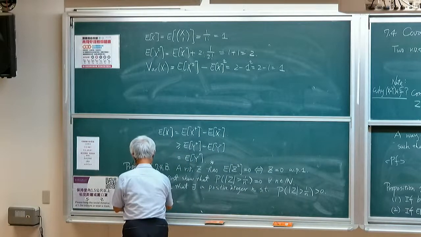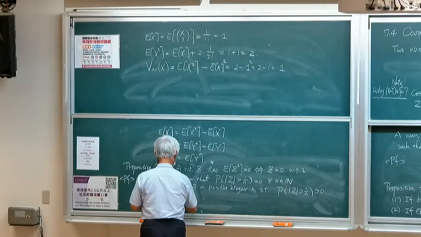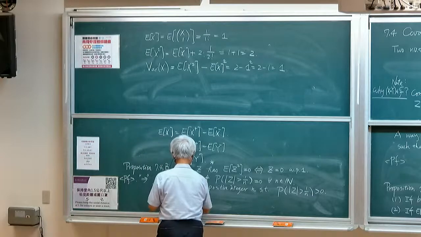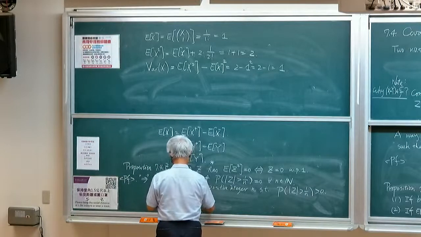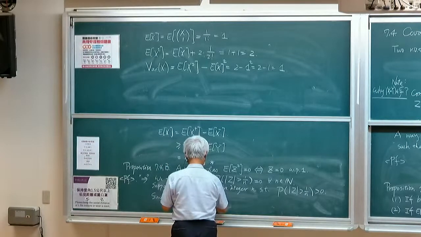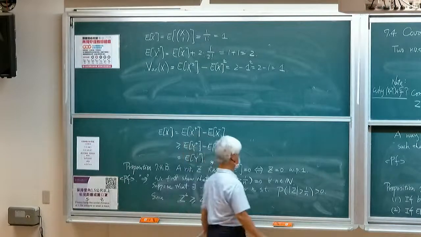Now, since Z square is greater than or equal to Z square times the indicator of Z square greater than 1 over n square. All right?